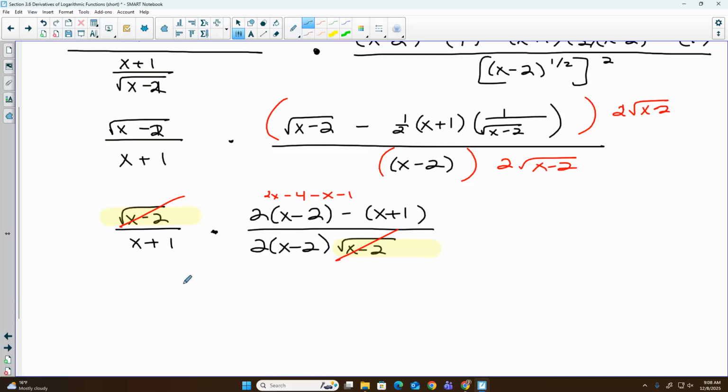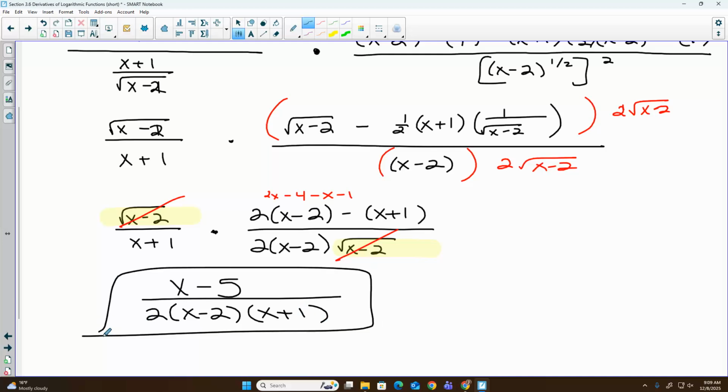So the top just turns into x minus 5 over 2, (x minus 2), (x plus 1). Again, ugly because of the quotient rule, not the log. And we've talked about, you guys don't have to necessarily simplify to the exact same place as me. There are different equivalent answers. Questions?